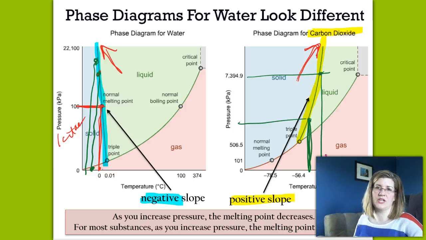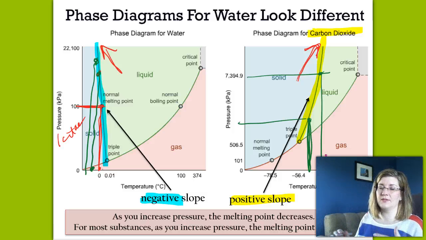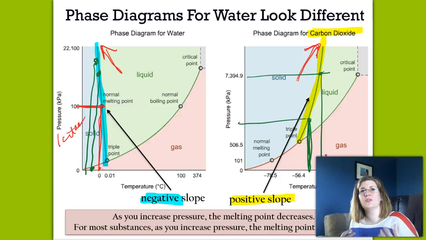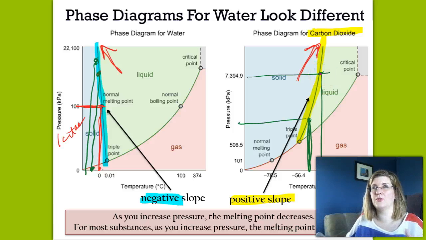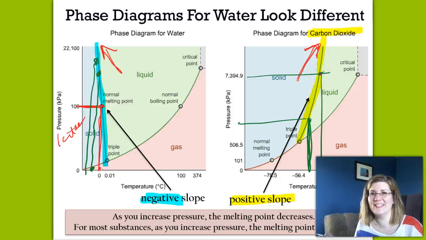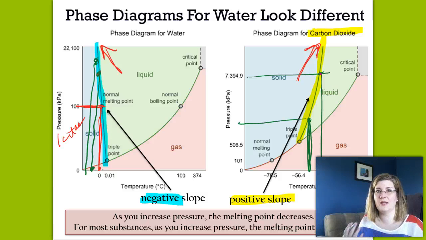So pressure and temperature changing, remember, especially with gases. We're not talking about gases here, we're talking about solids and liquids, but remember, as pressure and temperature increase, molecular movement increases. So usually when you increase the pressure, you're increasing the temperature because you're increasing molecule movement and speed, and temperature is a measure of that.